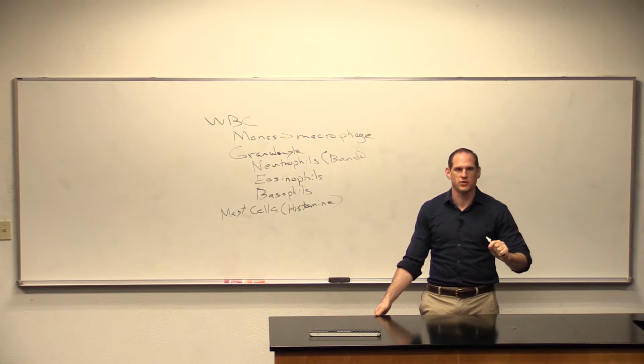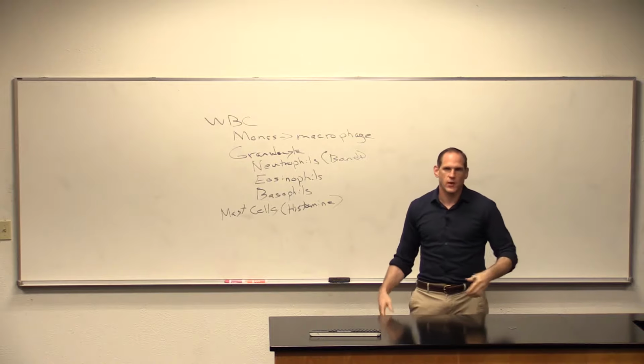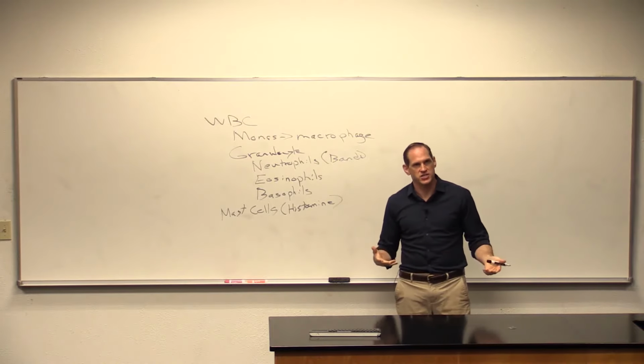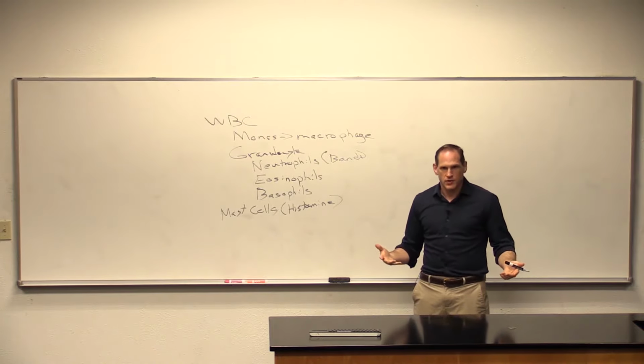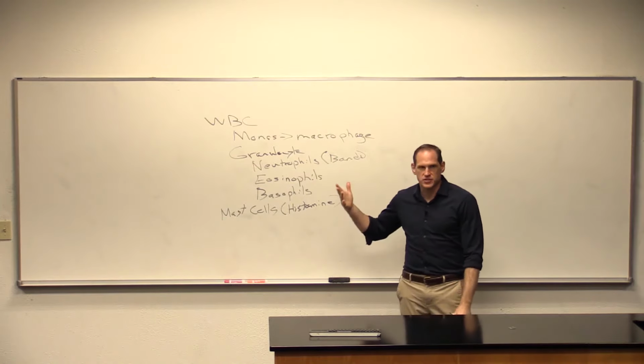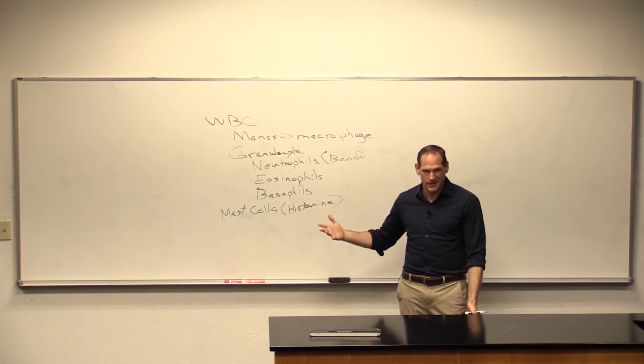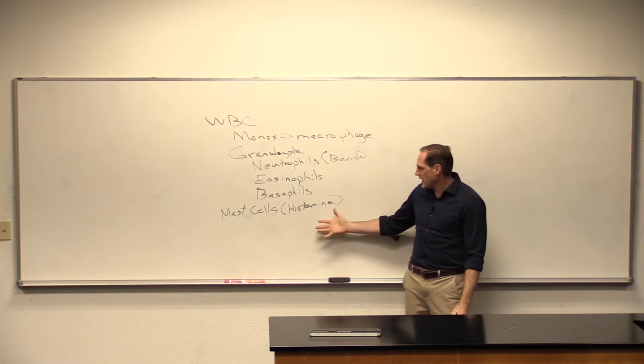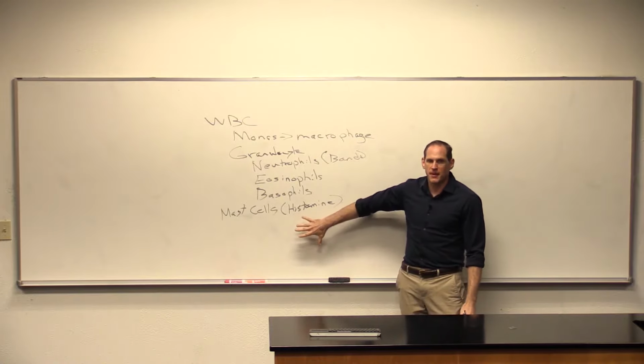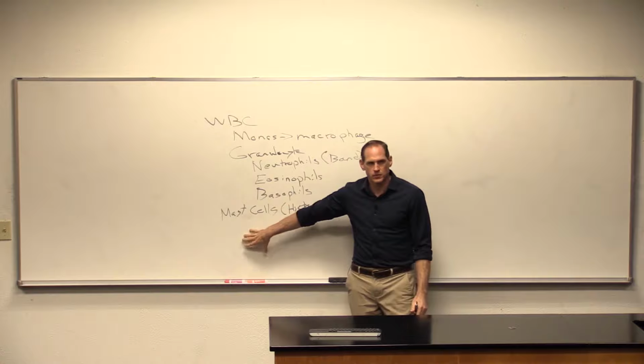It's going to be perceived usually as itching. So that's why antihistamines have an anti-itching property. We'll talk a little bit more about first and second generation antihistamines a little while later when we talk about drugs. But for now, histamine is about 40% of what a mast cell releases.